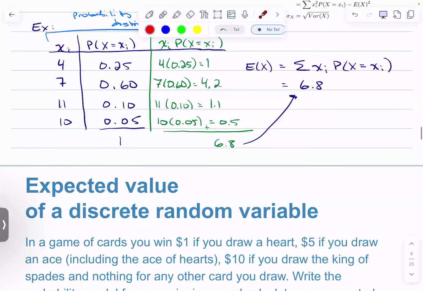Oh, last thing I want to say here. Notice this is not one of the possible outcomes. This is if I repeated this experiment an infinite number of times, on average, I would expect 6.8 to be the outcome. And so here, notice 6.8 is not a possible outcome.